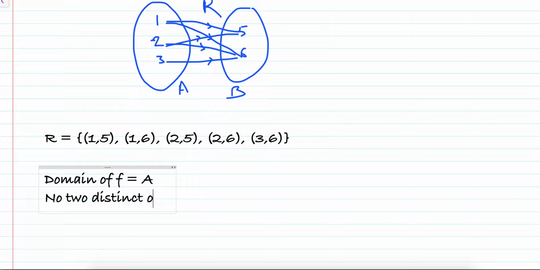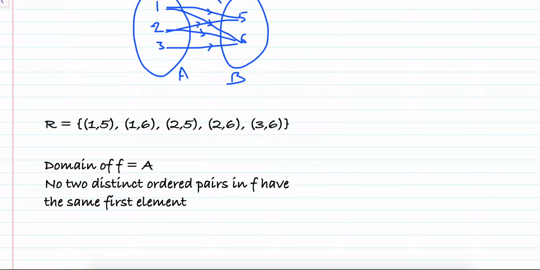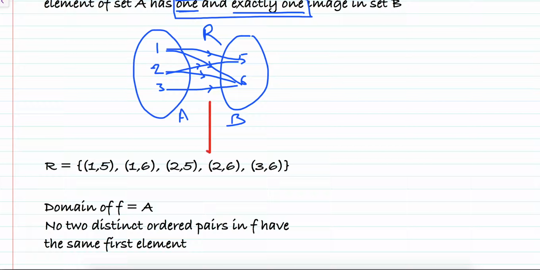And no two distinct ordered pairs in F have the same first element. So for example here, for this relation, if we compare, we see that 1 is the first element of this pair, and here also.